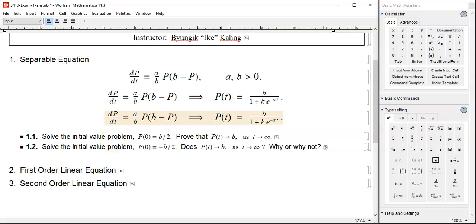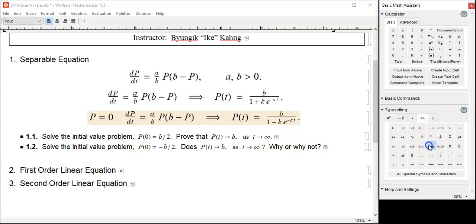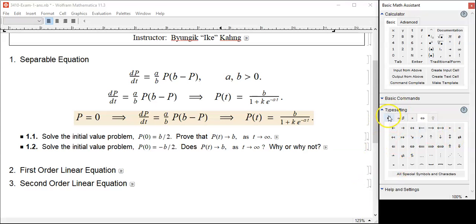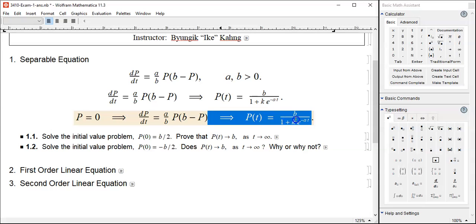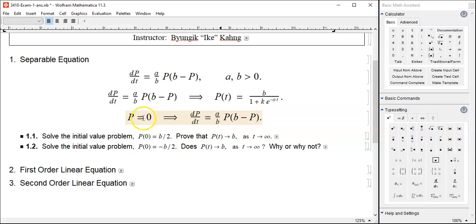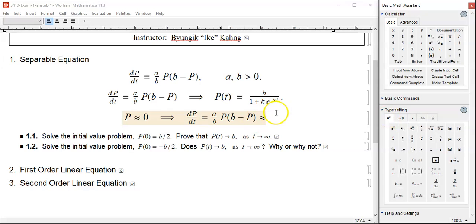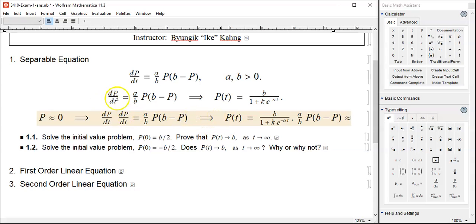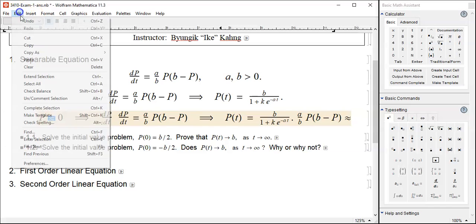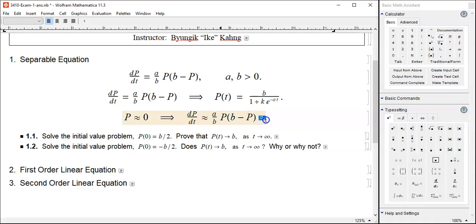If P is close to 0, then this is approximately equal to 0, isn't it?